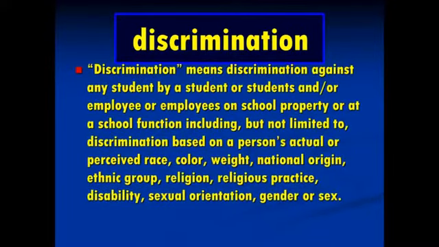Discrimination means discrimination against any student by a student or students, or an employee or employees on said school property or at a school function or off zone based on a person's actual or perceived race, color, weight or physical appearance, national origin, ethnic group, religion, religious practice, disability, sexual orientation, gender, or sex.